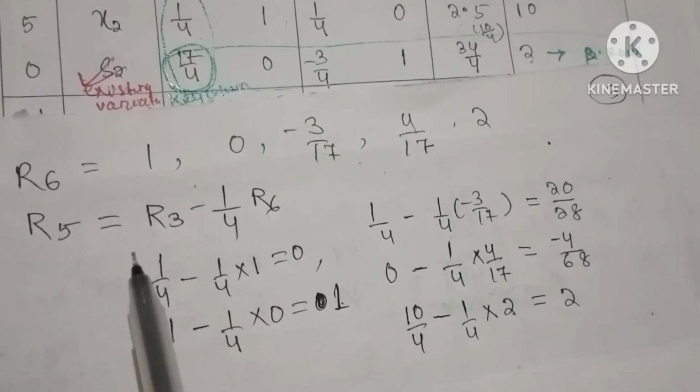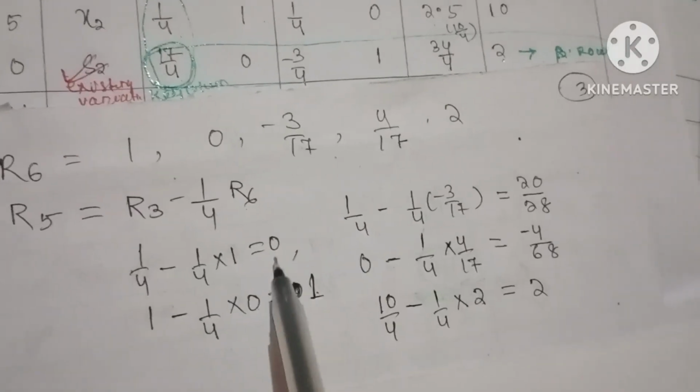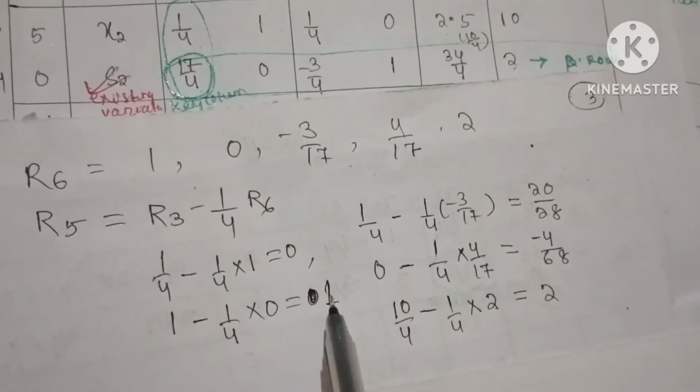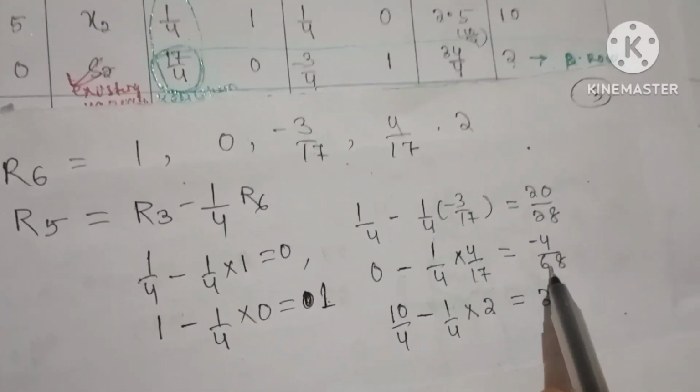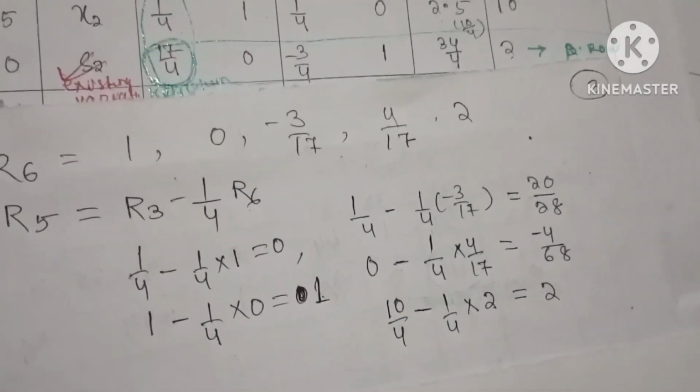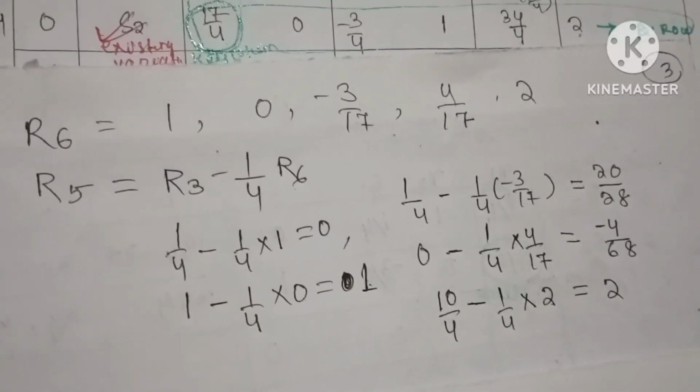So the values of R5 are 0, 1, 20 by 28, minus 4 by 68 and 2. So we just put these values in row 5.